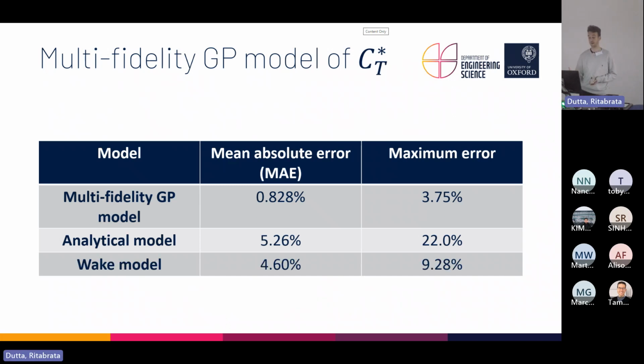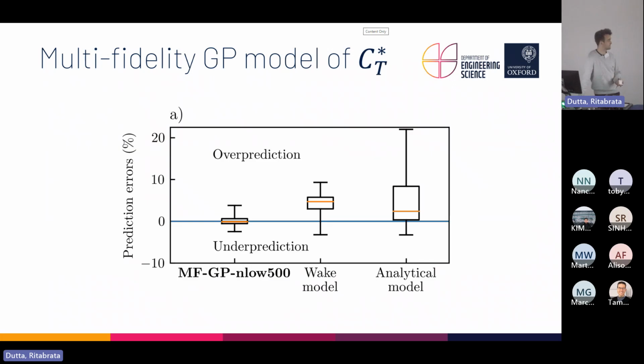And then we can compare it with the results from just the engineering wake model as well, and we see a similar result. So we've reduced the mean error and the maximum error as well. And then we can visualize the errors of each model using just a simple box plot. So here, MFGP and low 500 is our multi-fidelity Gaussian process model that we built.